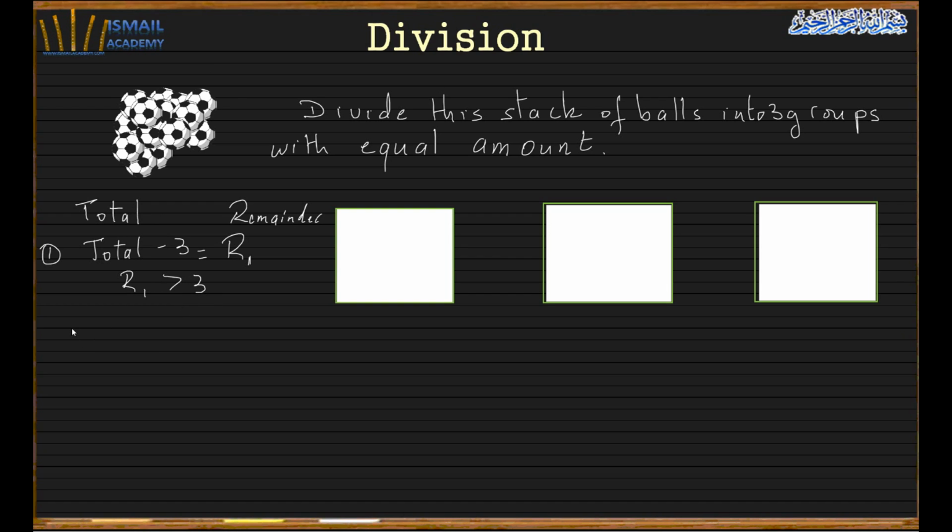So I do my second action, which is I reduce that remainder again by 3. I will end up having a second remainder. So I take 3 balls from here, I reduce my remainder by 3, and I put each ball into the box.